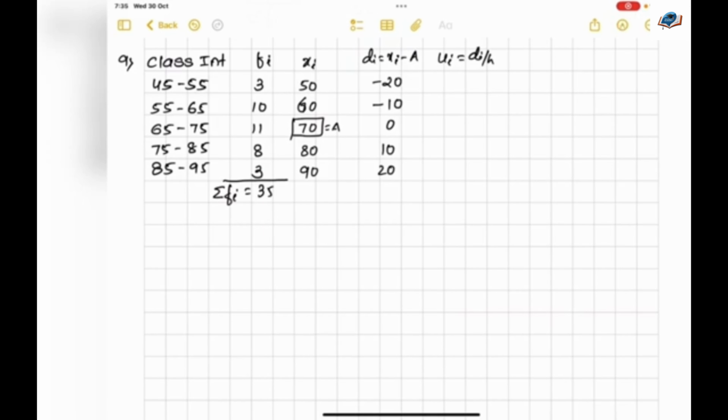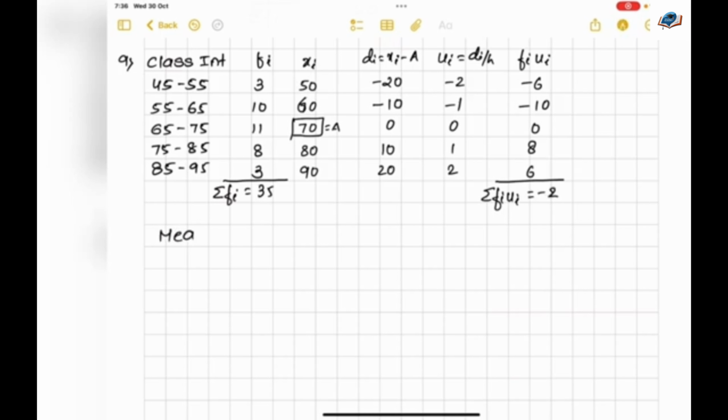So minus 20 upon 10. So minus 2, minus 1, 0, 1 and 2. So fi ui will be minus 6, minus 10, 0, 8 and 6. So sum, sigma fi ui, will be minus 2.